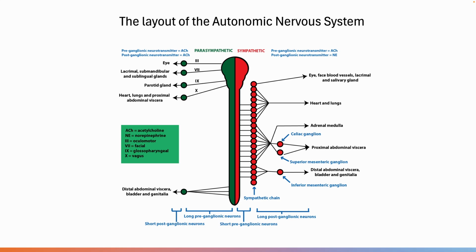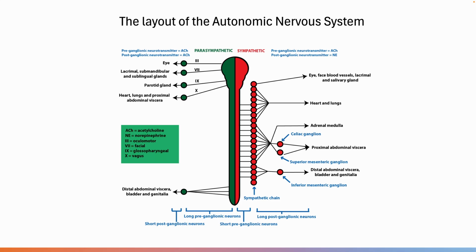Regarding the origin, the sympathetic preganglionic neurons originate from the lateral horn of the spinal cord between thoracic 1 and lumbar 2 and 3. This is why the sympathetic nervous system is described as having a thoracolumbar origin or thoracolumbar outflow.